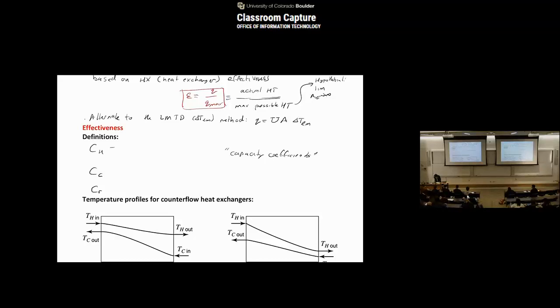So when dealing with heat exchangers, instead of heat capacities, we deal with something called capacity coefficients, which is the heat capacity of whatever substance we have. H denotes the hot stream in this case, so Cp sub H. And we'll multiply that by the mass flow rate of our stream, m dot sub H. And the units of this are going to be in watts per Kelvin.